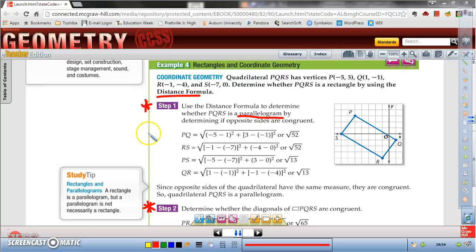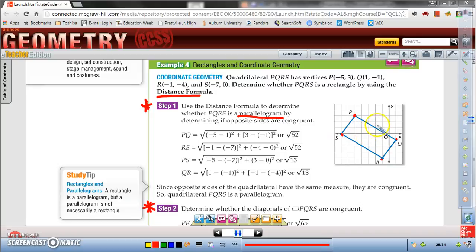So the way that I do that is that I measure the distance from the vertices P and Q, S and R, and then I measure the distance from P to S and Q to R. And this is going to tell me whether or not my opposite sides are congruent.